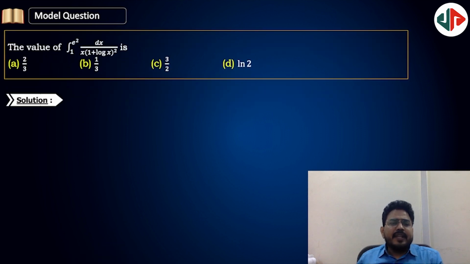The value of integral 1 to e square of this. So what you can do is, 1 plus log x is equal to t, 1 by x dx will be equal to dt.